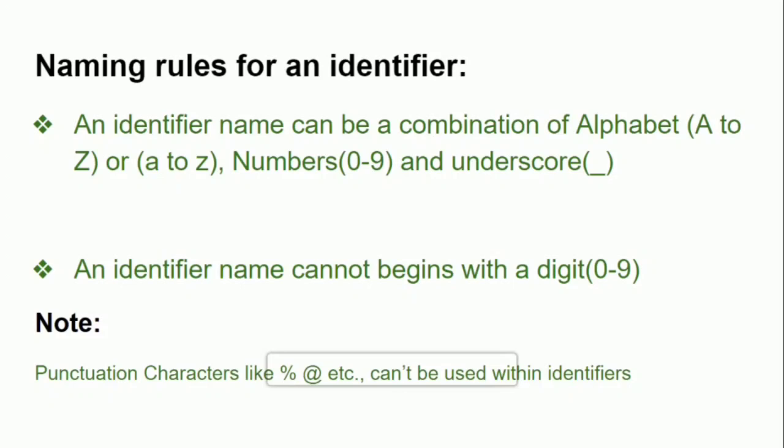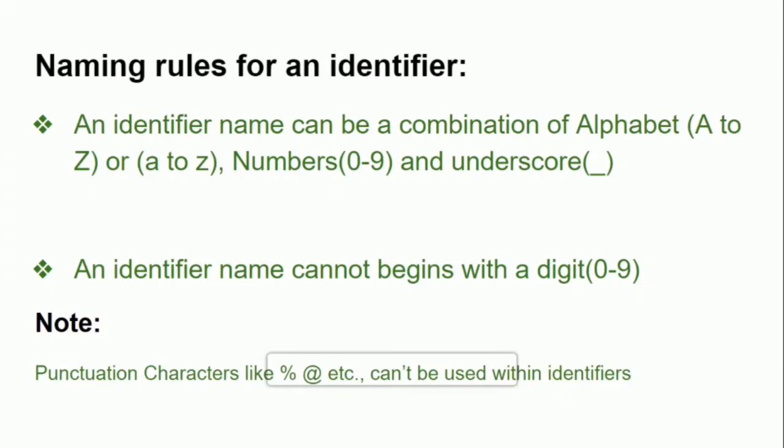Next point is an identifier name cannot begin with a digit. You cannot commence your identifier name with a digit. You can start your name with alphabets, either capital or small letters, but you cannot begin it with a digit. You can begin it with an underscore.